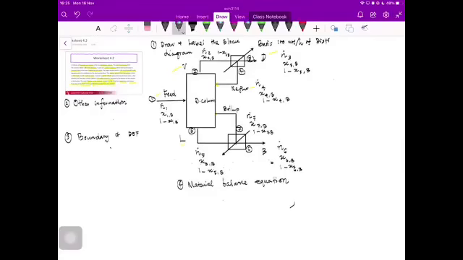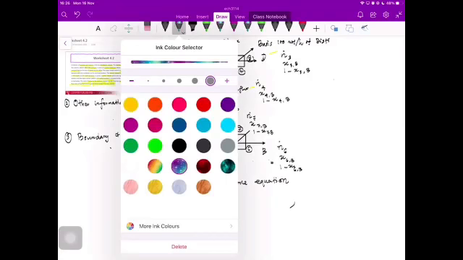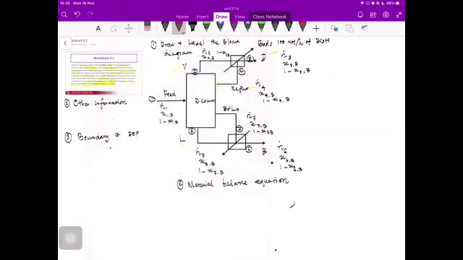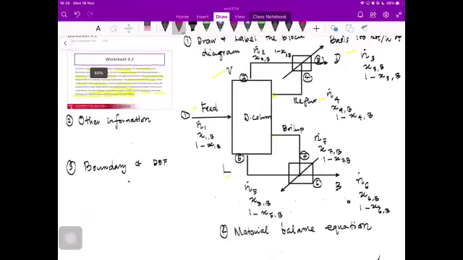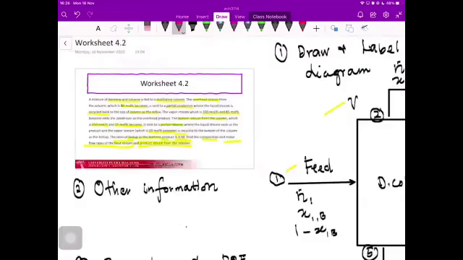I'll just put it in a different color so that we are able to see. Okay, based on this information, we have the overhead stream from the column, which means it is stream number 2, right? It has 80 mole percent benzene and is sent to a partial condenser.